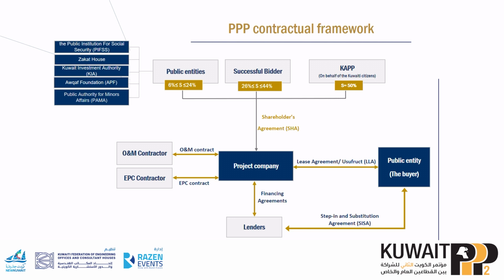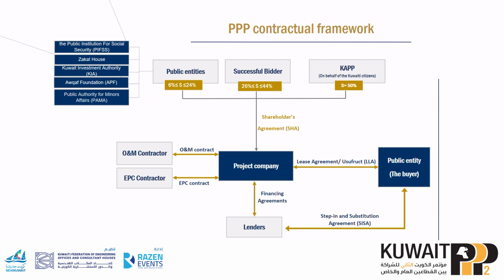Regarding the contractual framework in Kuwait, in any PPP project, if the CAPEX exceeds 60 million KD, a public joint stock company must be established, and 50% of the shares will be allocated to Kuwaiti citizens, while the rest of the shares will be divided between the public entities that can participate in these projects and the successful bidder.